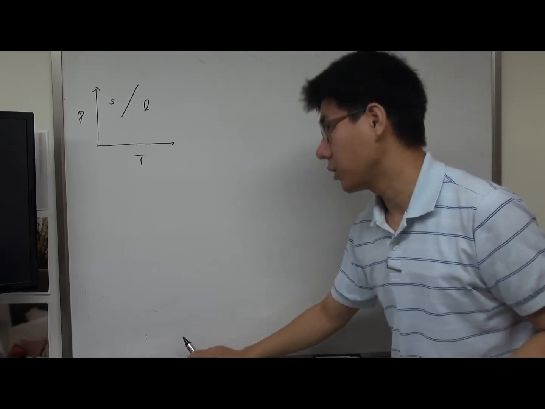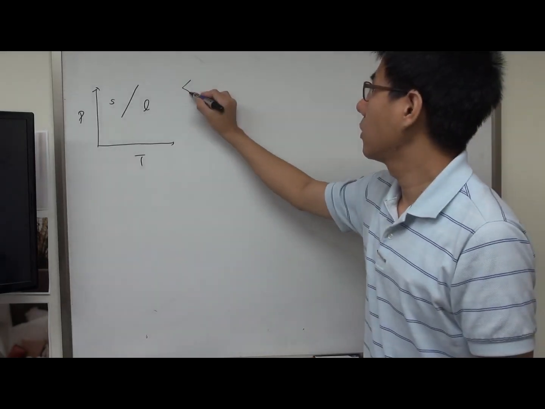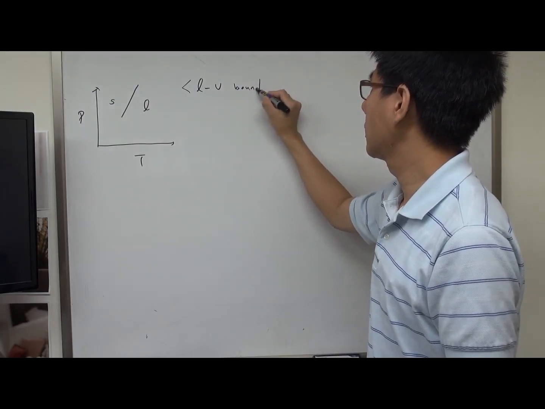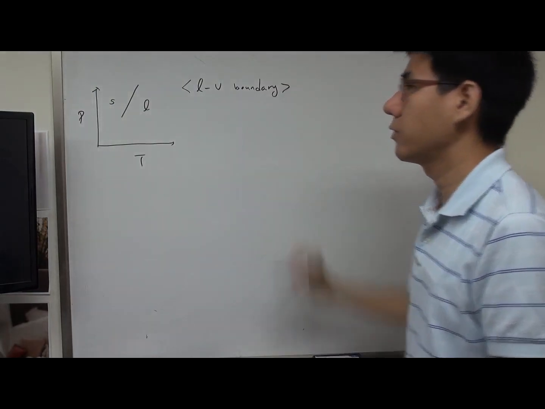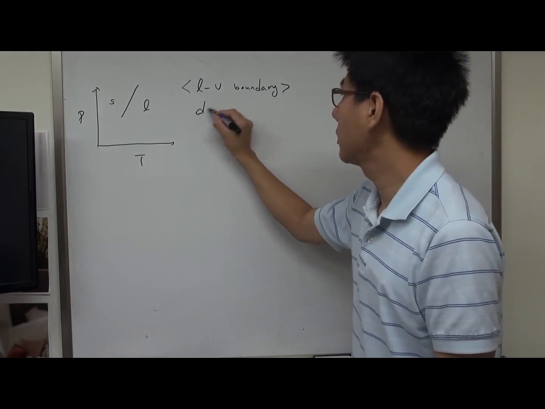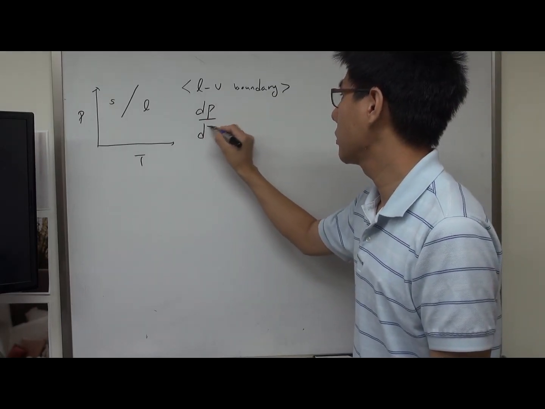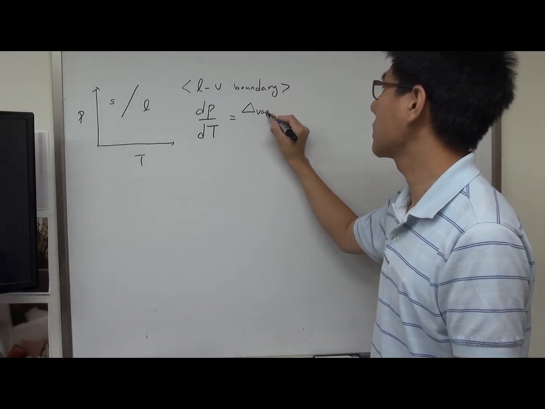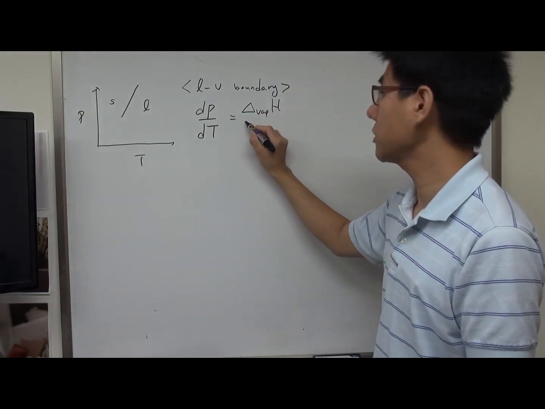Now let's move on to the liquid vapor boundary. Pretty much the same. dP/dT corresponds to delta H of vaporization instead of fusion, right?